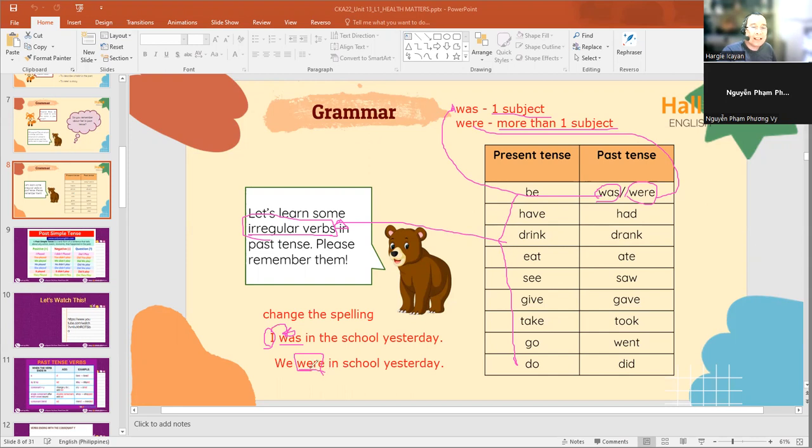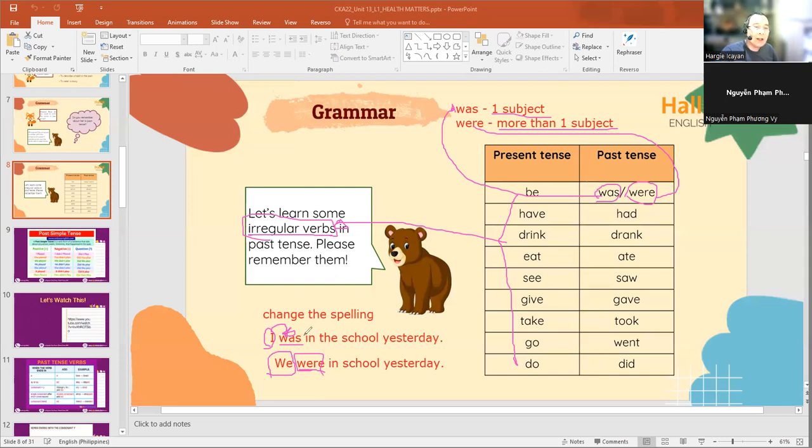Okay. Why is it were? Because our subject is, what's our subject? We. Okay, so we, that means it's more than one. It could be two, it could be three, it could be four, or more than that. Did you understand, V?